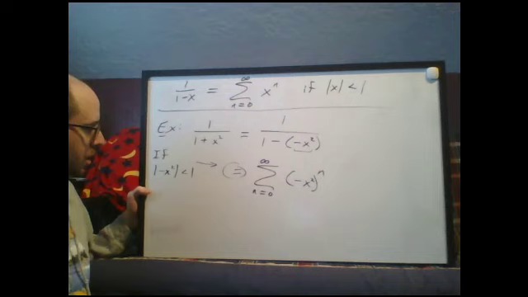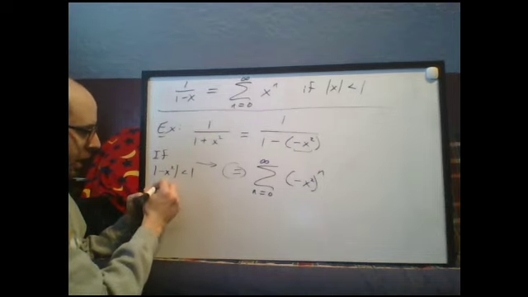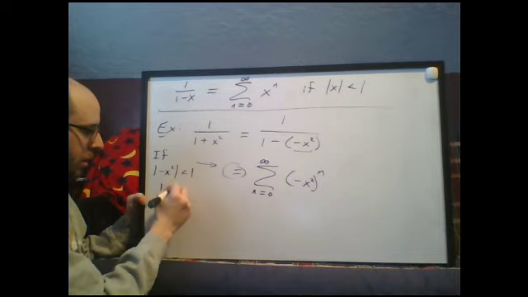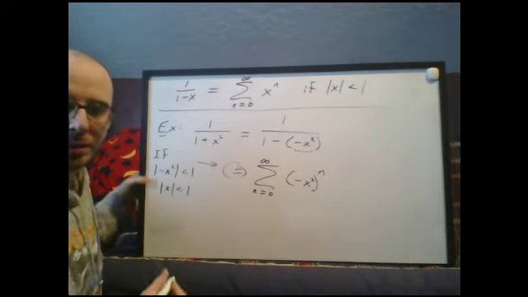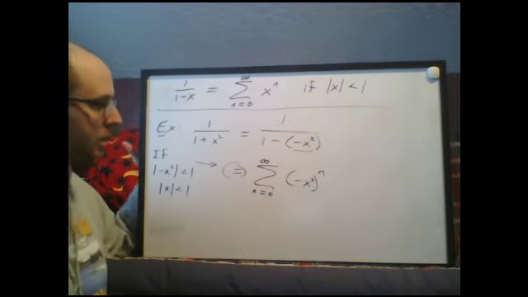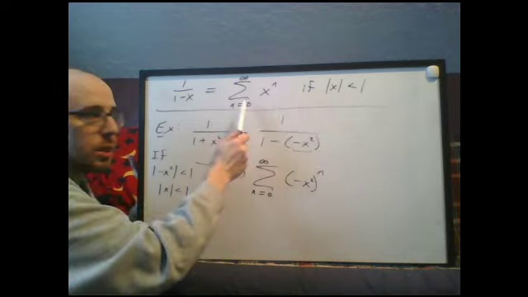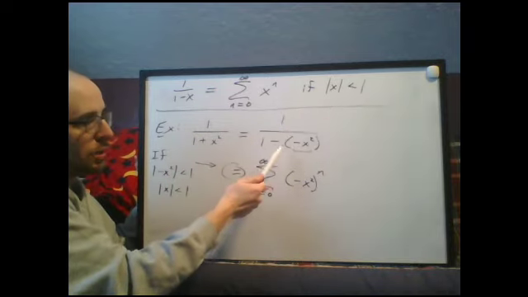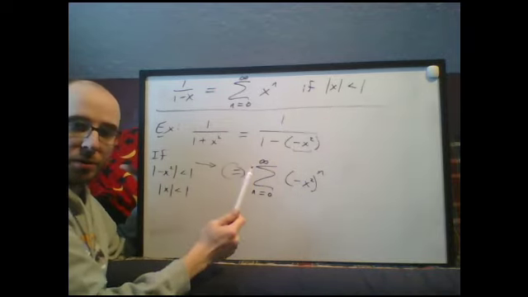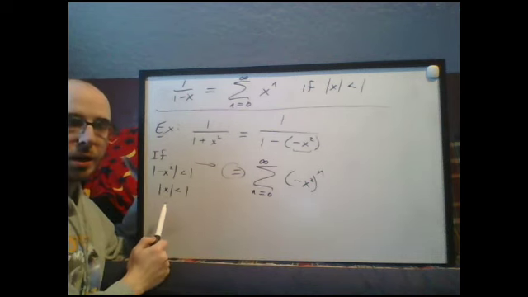But that's the same thing as if I took a square root of both sides, I need absolute value of x to be less than 1. So it didn't change my convergence requirement in this case. But we use this formula and this condition to derive both the new power series as well as the new radius or interval of convergence.